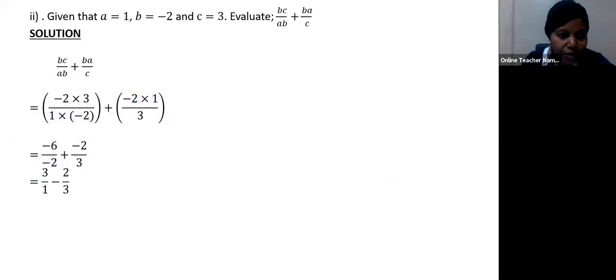So we are going to get that. But 3 can be expressed as a common fraction by putting a denominator 1. 3 is the same as 3 over 1. When you have a positive and a negative, it's the same as subtracting. Then from here, we are going to find the common denominator, which is a 3.